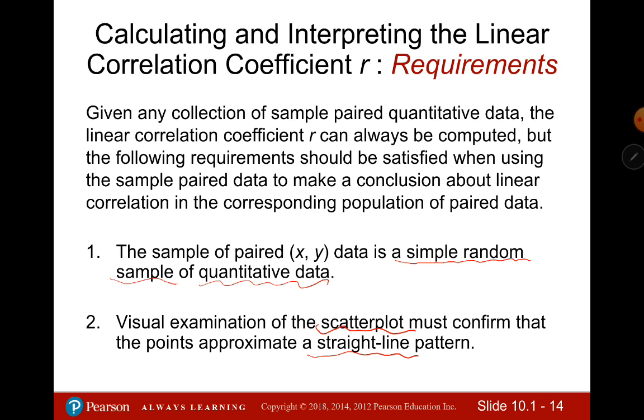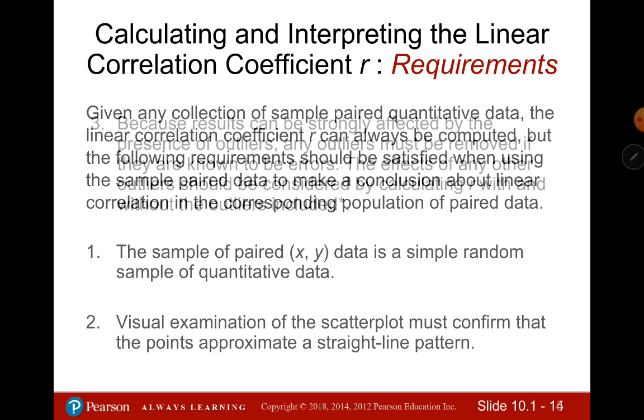So first, we should try to draw the scatter plots to see if there is a straight line we could use to express all of the points. Okay, it's not necessary to be a perfect straight line, but it should have that pattern.